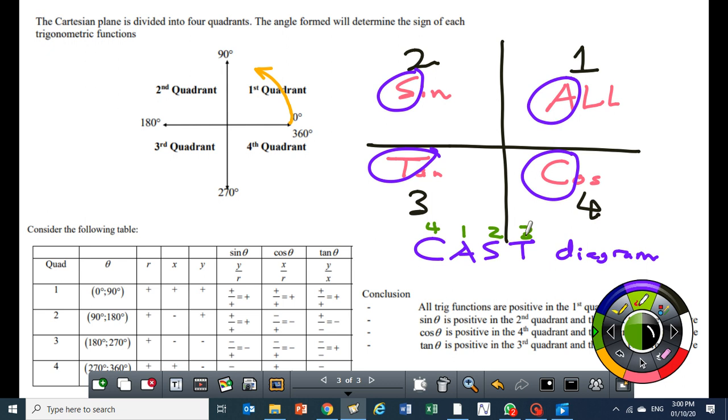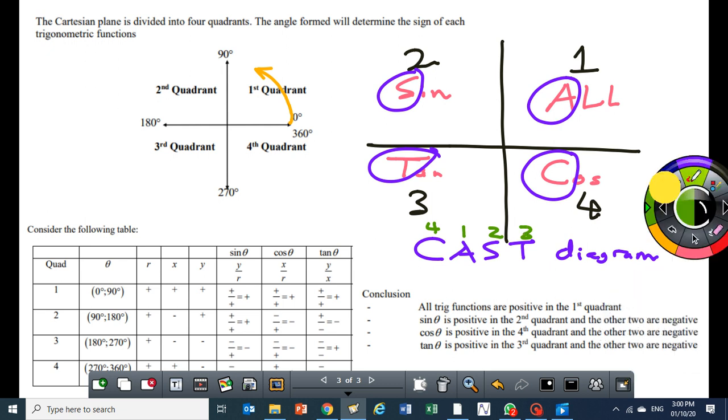Fourth quadrant, cos only is positive. You probably won't need this table if you understood what I said. The conclusion comes from the CAST diagram, so you just have to know the word CAST and know your patterns. It's very important. You have to memorize it.